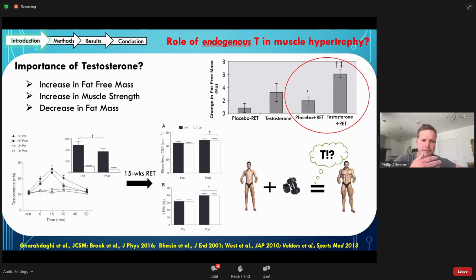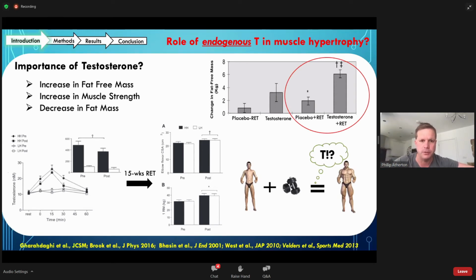If the systemic response is greater when you have that greater activation of muscle during the arms and leg exercises, and that systemic influence of testosterone were so important, one would expect maybe the biceps to grow more. Neatly, in this study, they showed that was not the case. In the high hormone and low hormone environments, there was no difference between strength gains or elbow flexor cross-sectional area. There are many other studies, but this cast doubt on the role of endogenous testosterone.